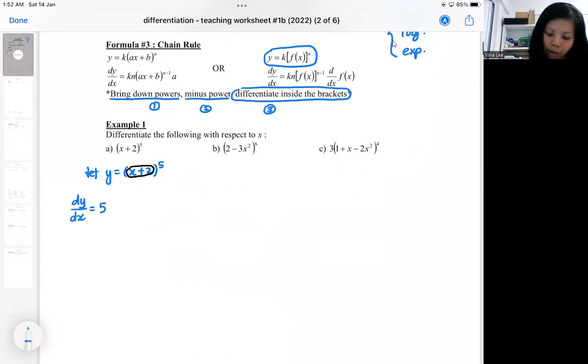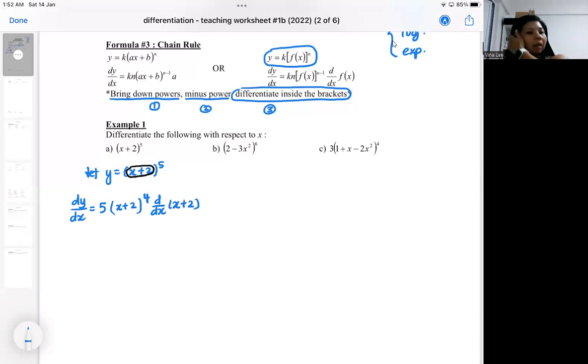Bring down power, and minus power. When you bring down power and minus power, the function inside will stay inside, with no change to it. Then the third step is to differentiate the function that's inside. The dx, you can think of it as representing the words differentiate inside, or differentiate the function that is inside.